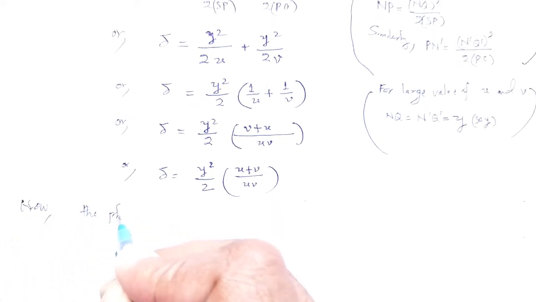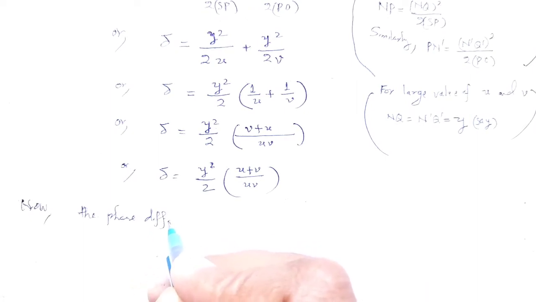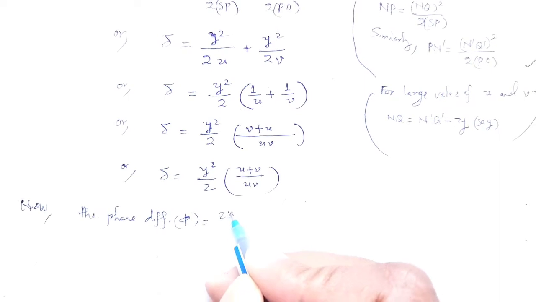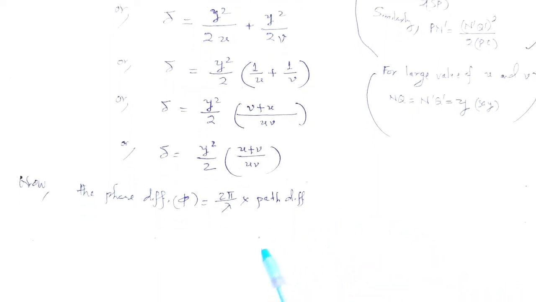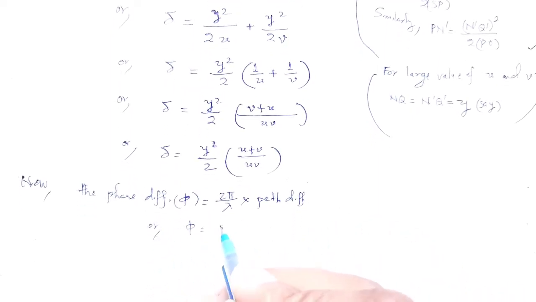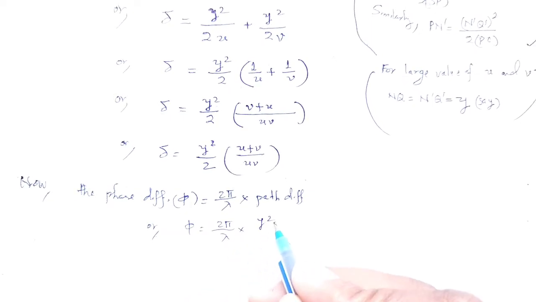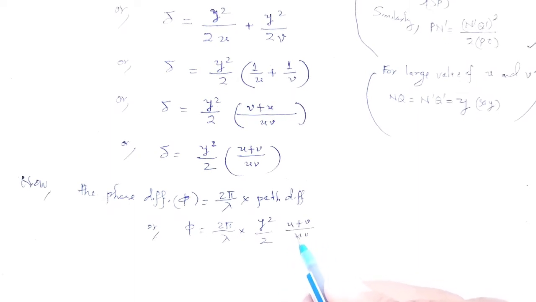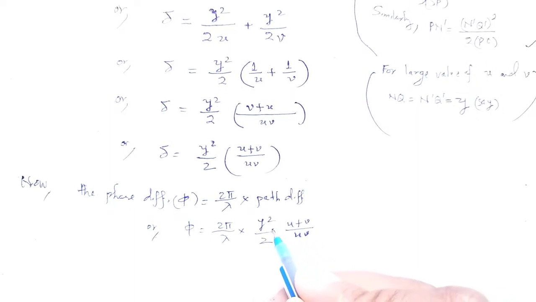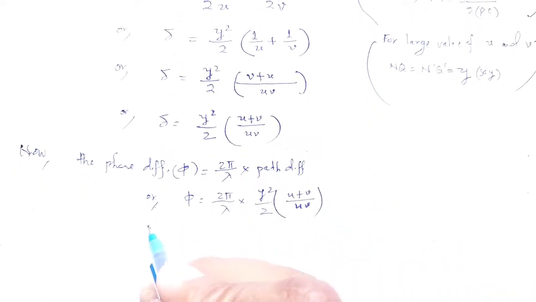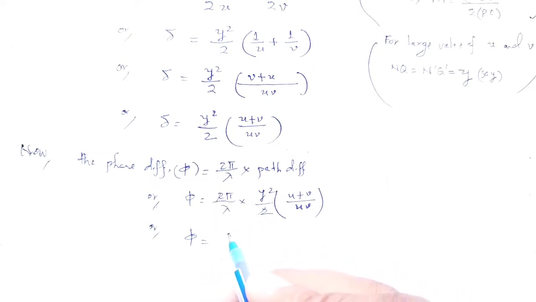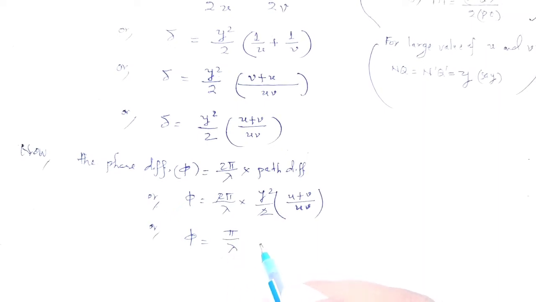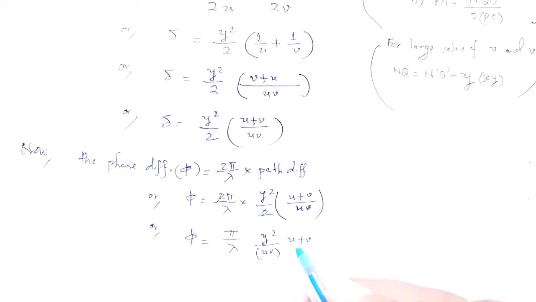Now the phase difference. Let phi be equal to 2 pi by lambda into path difference, the relation between phase difference and path difference, or phi is equal to 2 pi by lambda into y square by 2 into (u plus v) divided by uv, or phi is equal to, 2 cancels out, pi by lambda y square by uv of u plus v.